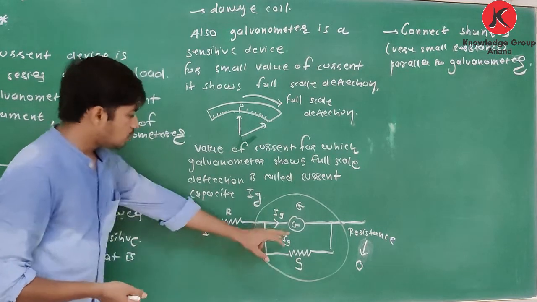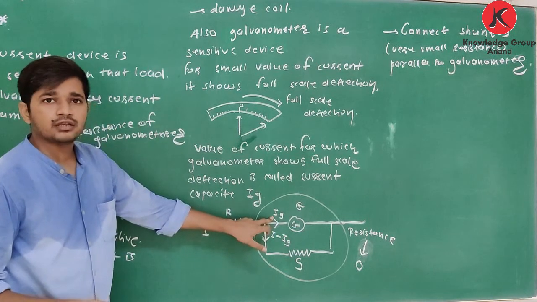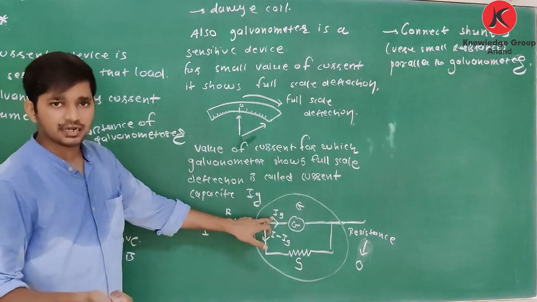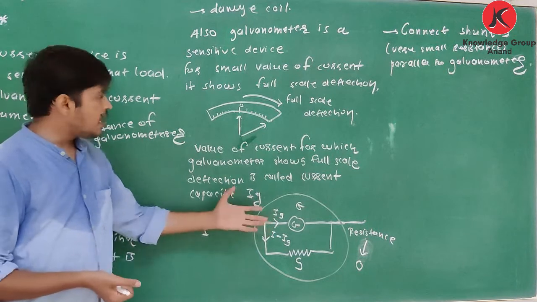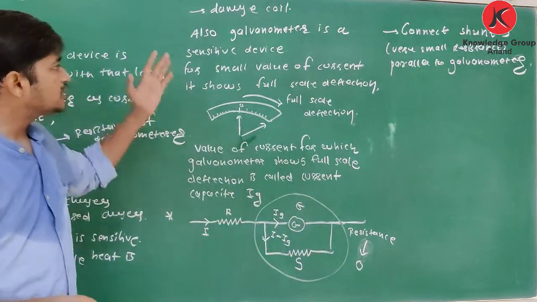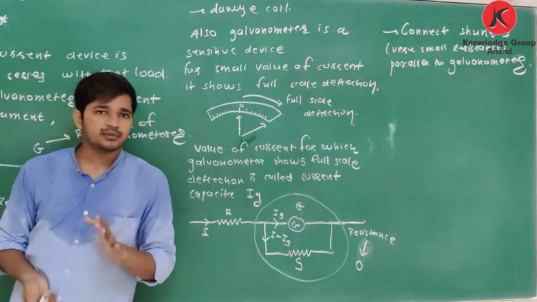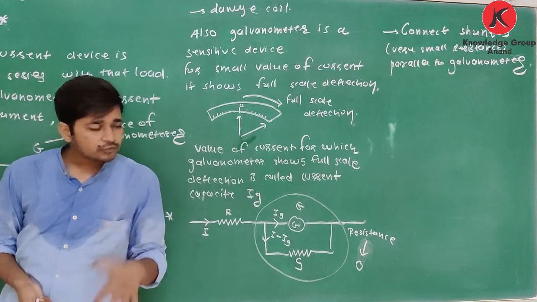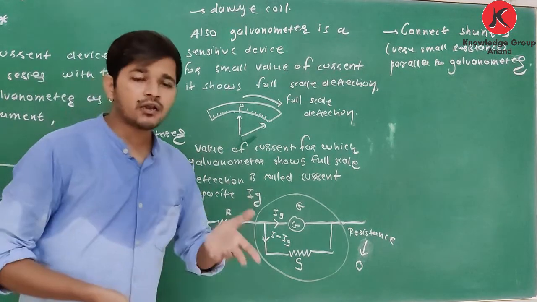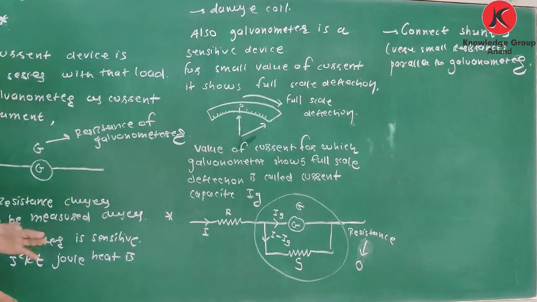So see, when the current through the galvanometer is flowing up to its current capacity, up to its current limit, then according to I square RT, no more joule heat will be produced. There is no damage to the coil. Clear about this? So yes, these two problems are solved.